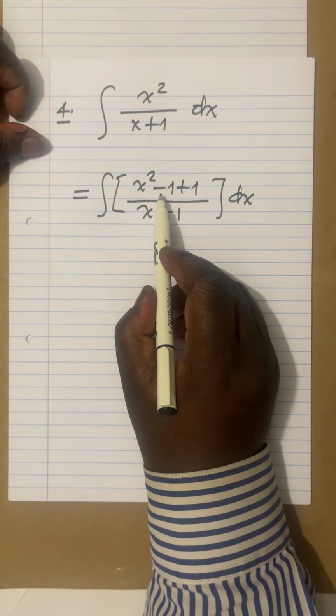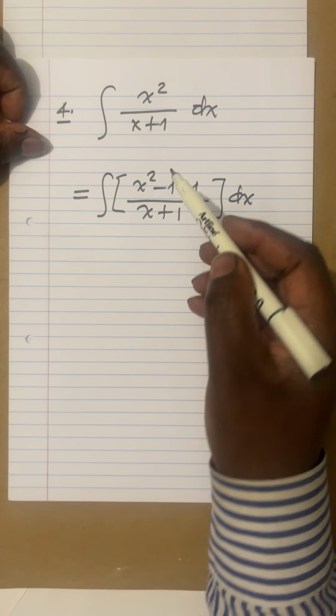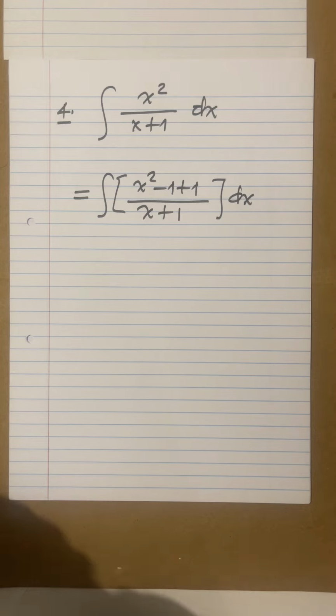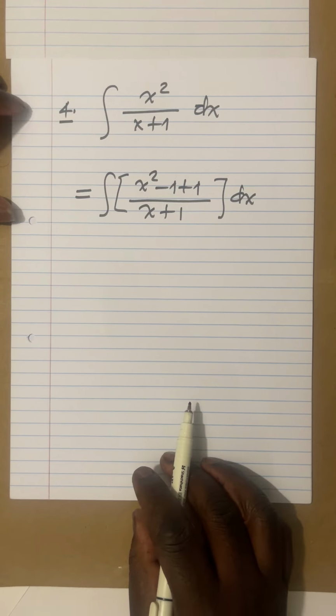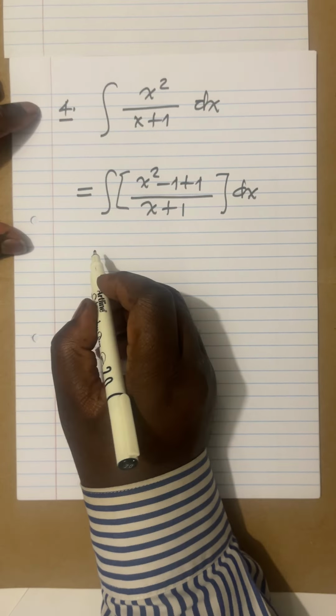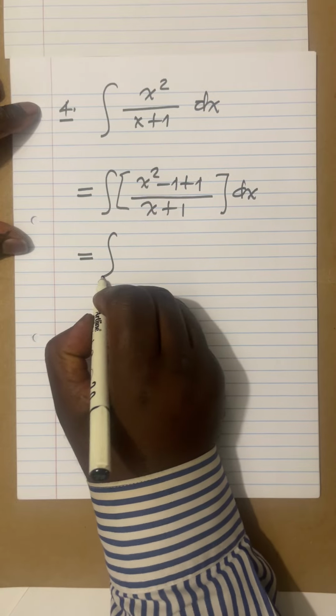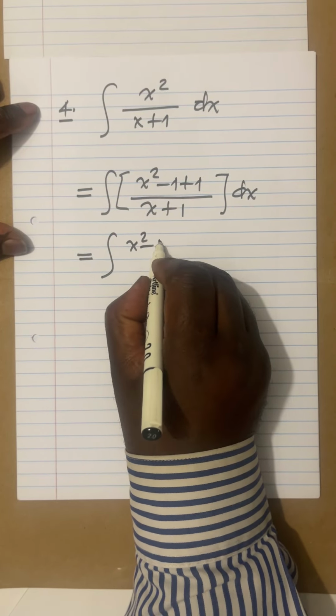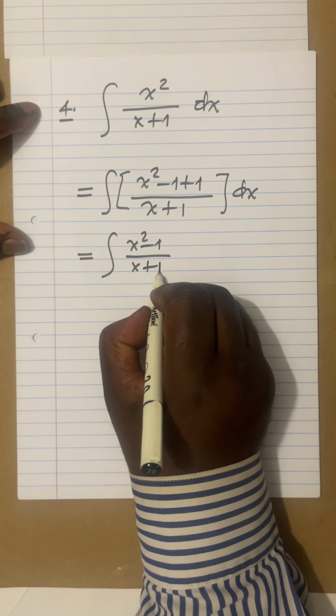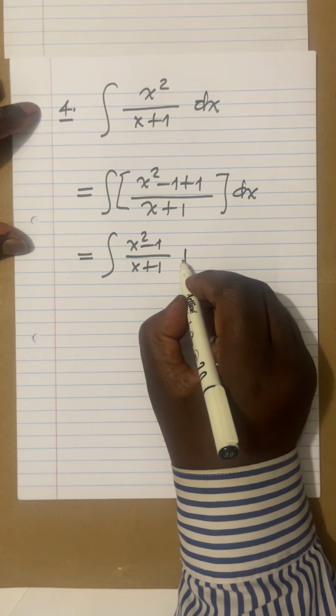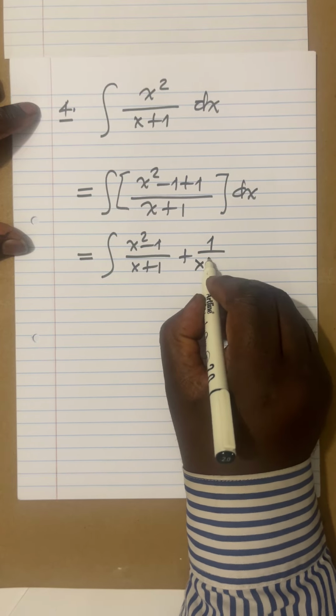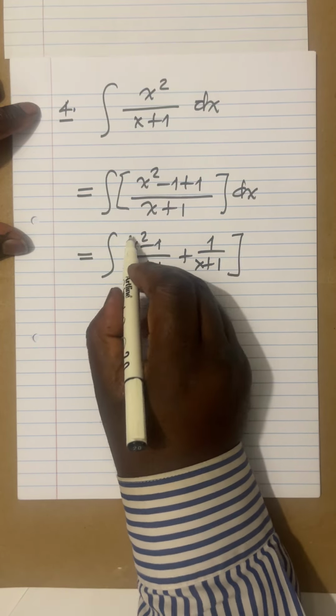Take note, minus 1 plus 1 is 0, so I'm still having that expression at the beginning. But I'm going to use term-wise division. So this is equal to the integral of x squared minus 1 all over x plus 1, plus 1 all over x plus 1, and then dx outside.